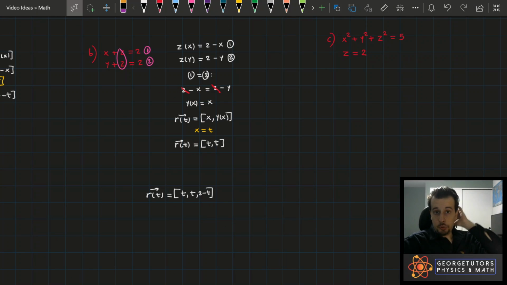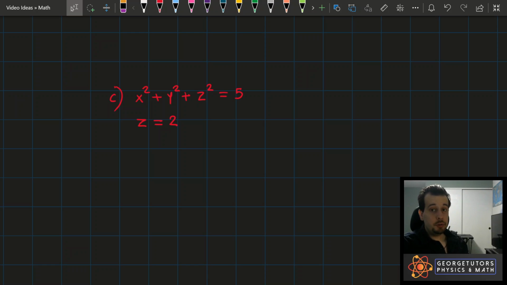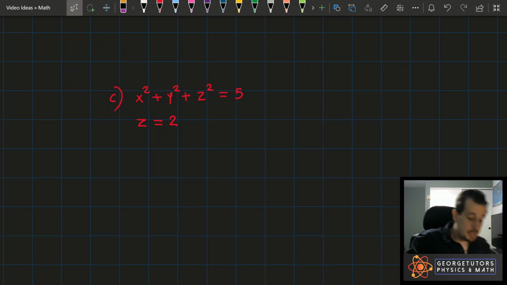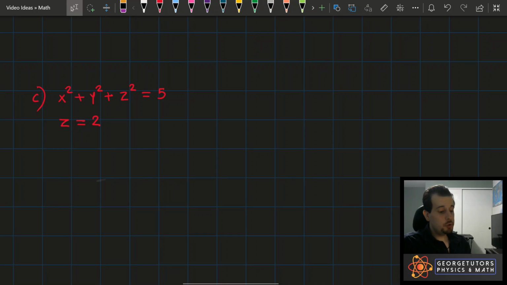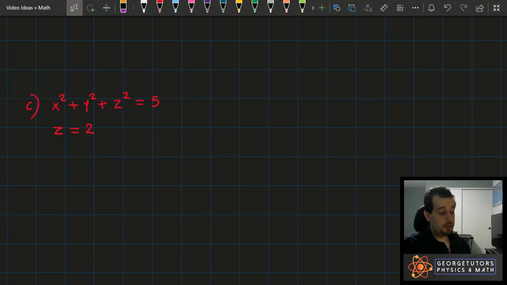So that's example 2. Let's look at example 3, which is a sphere intersecting with another little plane, z is equal to 2. So what do we do here? Well, first of all, we can't do much unless we kill some kind of dependency.